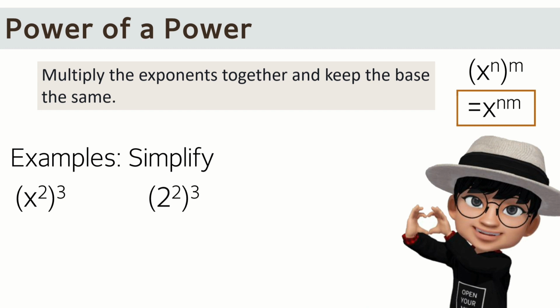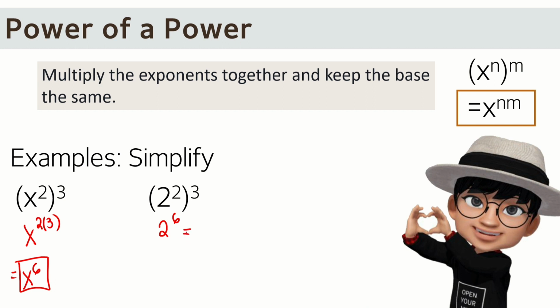Okay, so let's try to solve this too. First, we're going to simplify this by multiplying the exponents. So x raised to 2 multiplied by 3. And what is x raised to 2 times 3? That is simply x raised to 6. The same goes with example number 2. That's the same as 2 raised to 6, if we multiply 2 times 3.